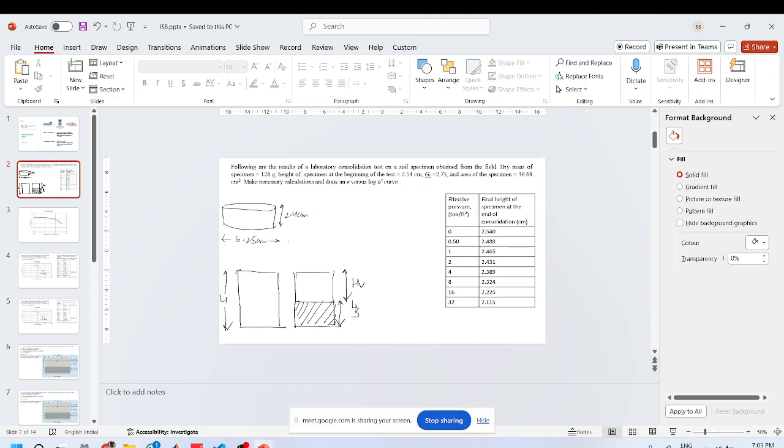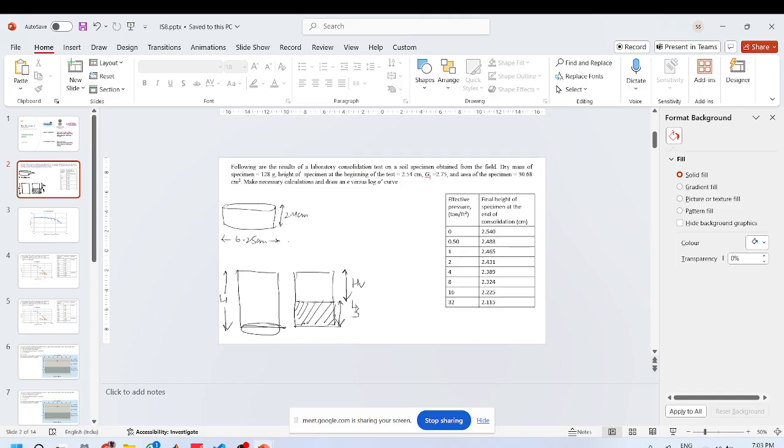You know the height of the sample, you need to calculate the height of the solids. Height of the solids means, if there were no voids, what would have been the height of the sample given that the area is same.